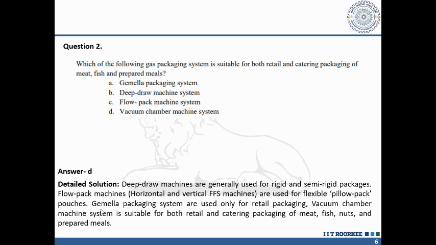It has a pillow-like structure, so the flow pack machine is used for that kind of packaging. The gamela packaging is used only for retail packaging, and the vacuum chamber machine system is suitable for both retail and catering packaging of meat, fish, and prepared meal. So option D is the right answer for our question.